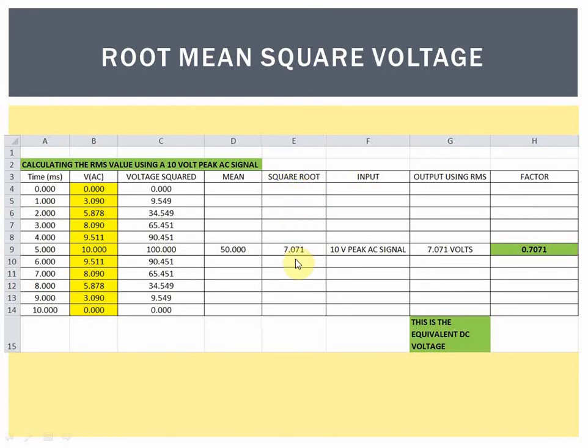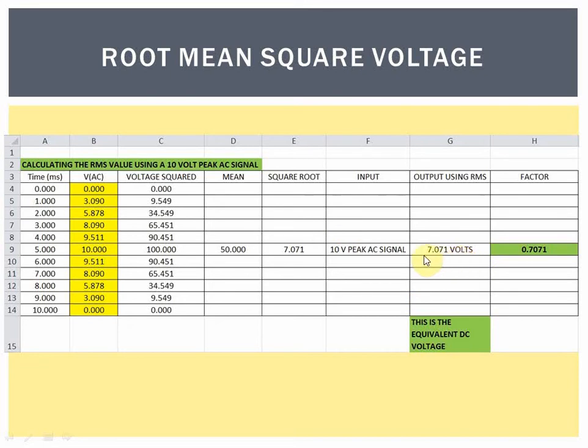7.071. So what we had was an input, which was a 10 volt peak AC signal, and what I get for an output is 7.071 volts. By doing all of these calculations, what I'm finding is the RMS value. It turned out to be this here.